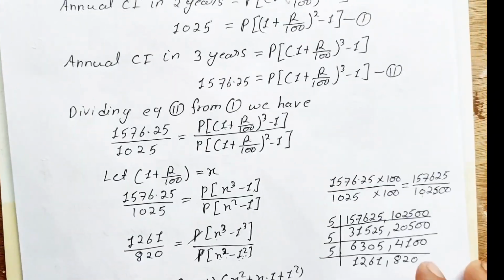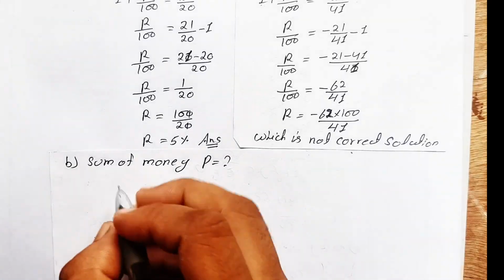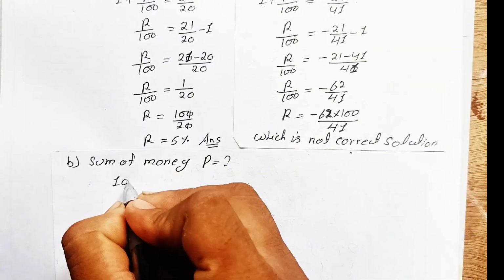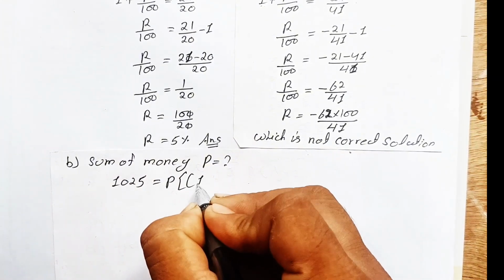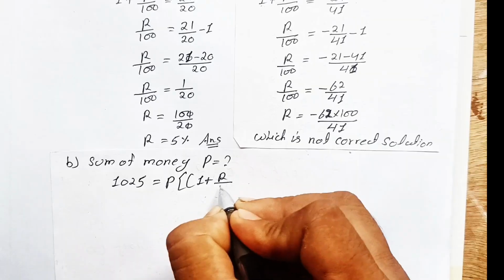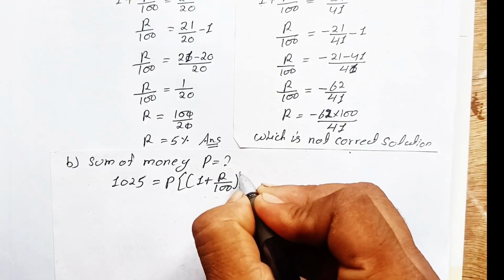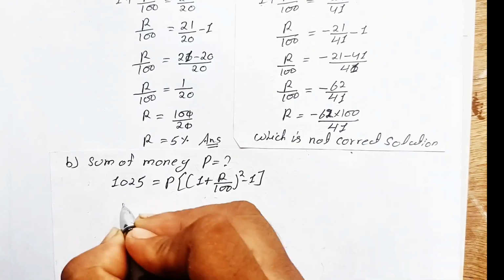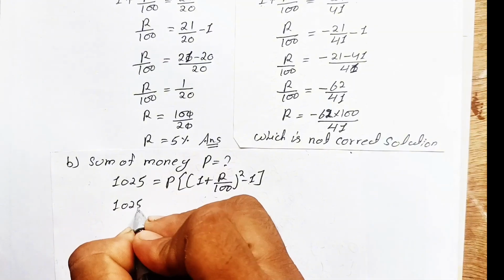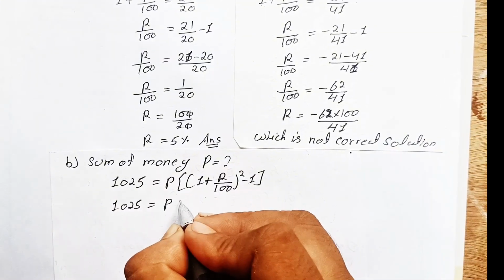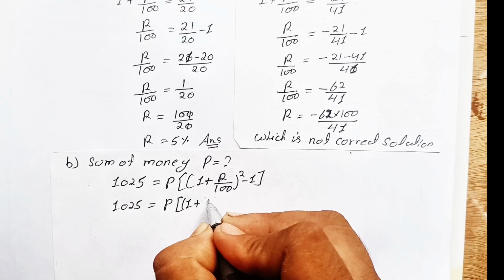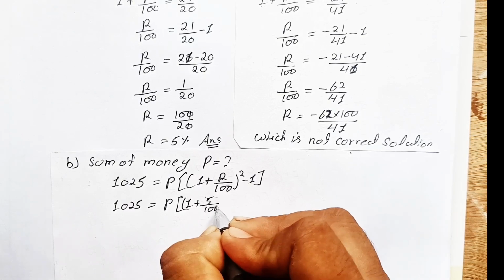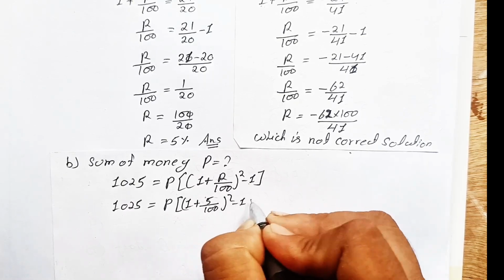And now the equation first is 1025 equal to p times (1 plus r upon 100) to the power 2 minus 1. So 1025 equal to p times (1 plus the value of r, 5%, divided by 100) power 2 minus 1.